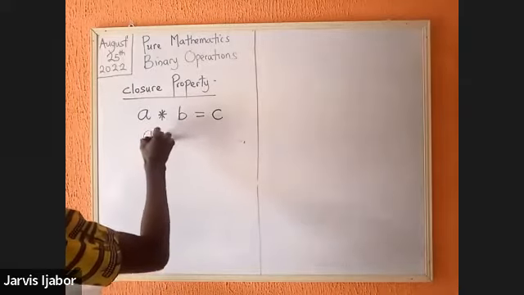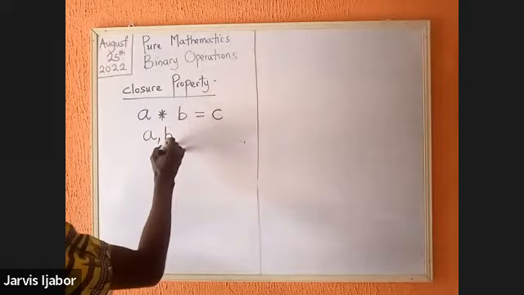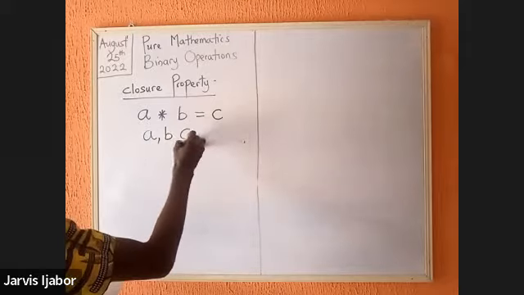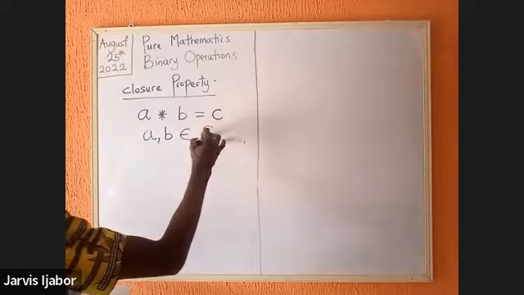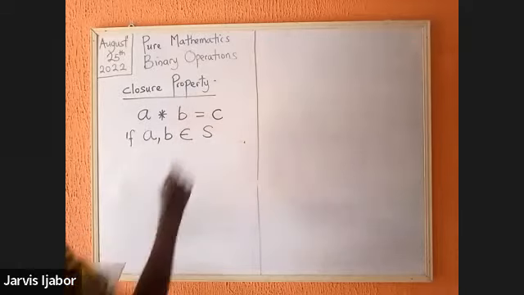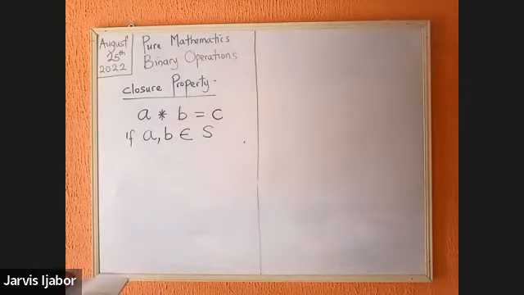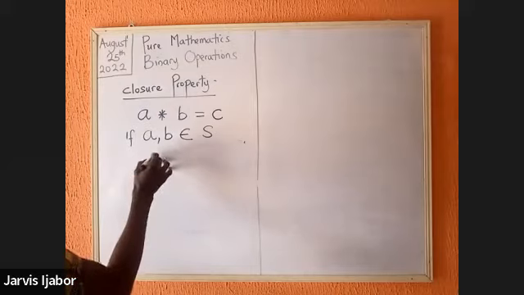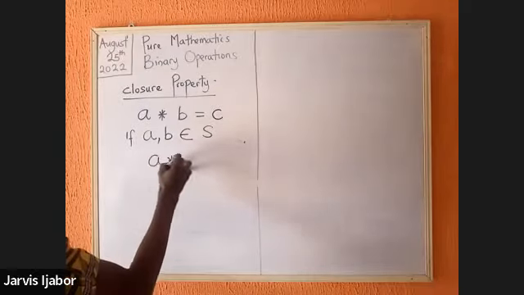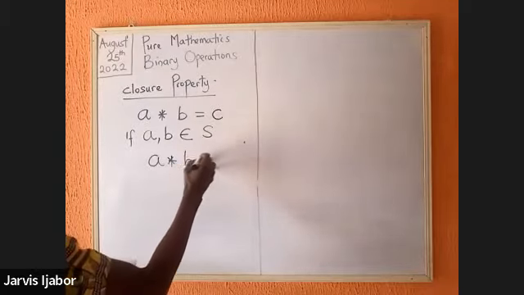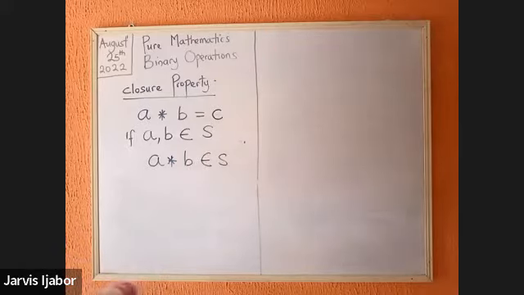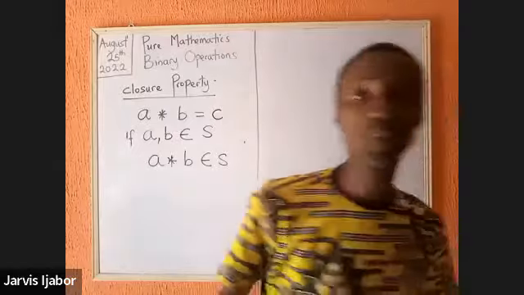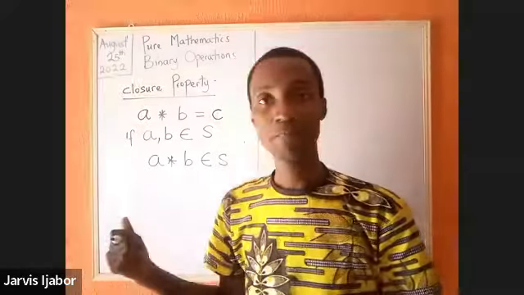Now technically, this is how we write it. We have elements A, B belong to S. You're already conversant with this if you have done sets. We say that if A and B belong to S, and when I do the operator, the result also belongs to S, we say that the property exhibited here is a closure property.